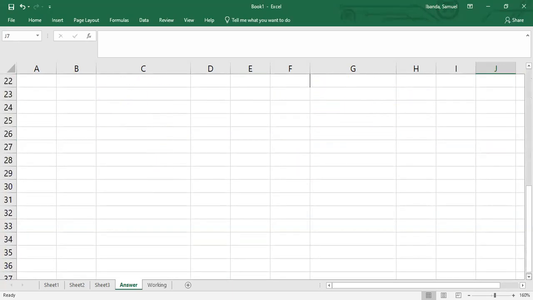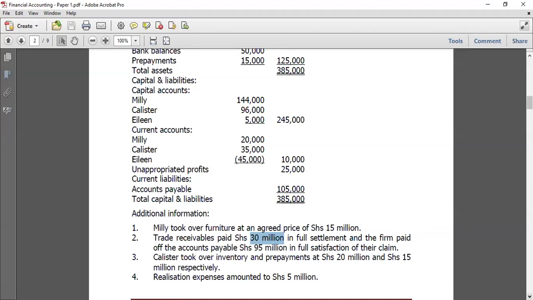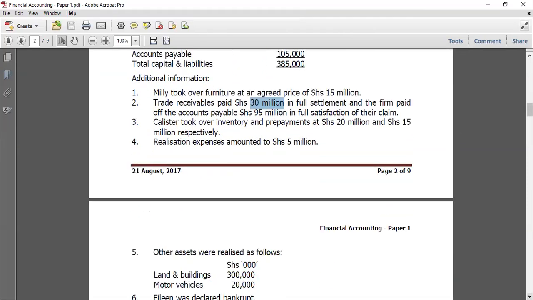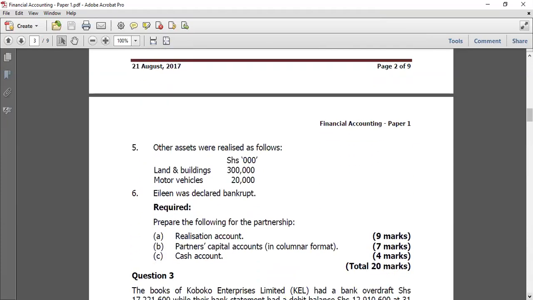Okay, I think for us to move systematically, we can also draw up the bank account here, or the cash account. Now, as you can see, maybe reading through the whole question would help us to understand how the whole cash thing comes in. Okay, so they call it cash account. It's basically the same principle. That's what they basically want to see. So let's call it cash account, as they have called it here.